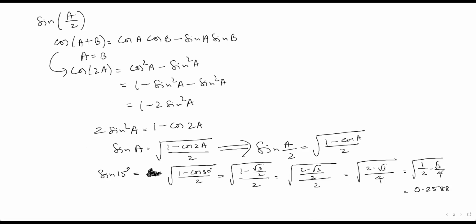Anyhow, eventually I could not get a number beautifully without using the calculator. The root 3 has stopped me. Anyhow, I know root 3 itself is 1.732, but that has to be divided by 4.